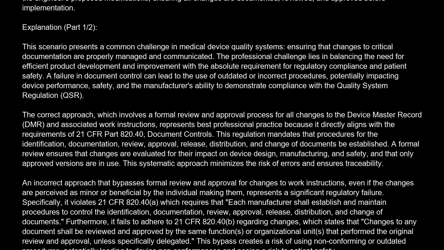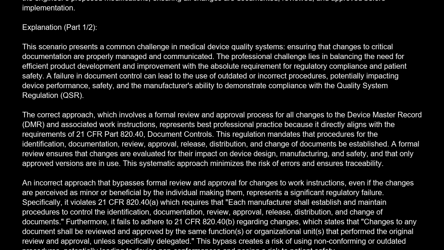Furthermore, it fails to adhere to 21 CFR 820.40(b) regarding changes, which states that changes to any document shall be reviewed and approved by the same function(s) or organizational unit(s) that performed the original review and approval, unless specifically delegated. This bypass creates a risk of using non-conforming or outdated procedures, potentially leading to device non-conformances and posing a risk to patient safety.